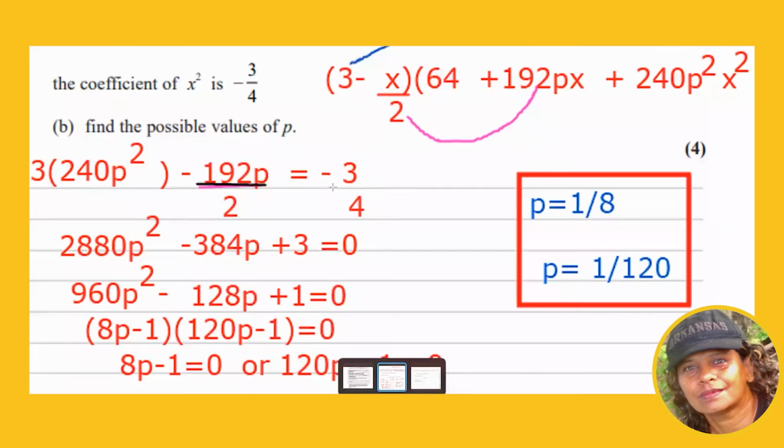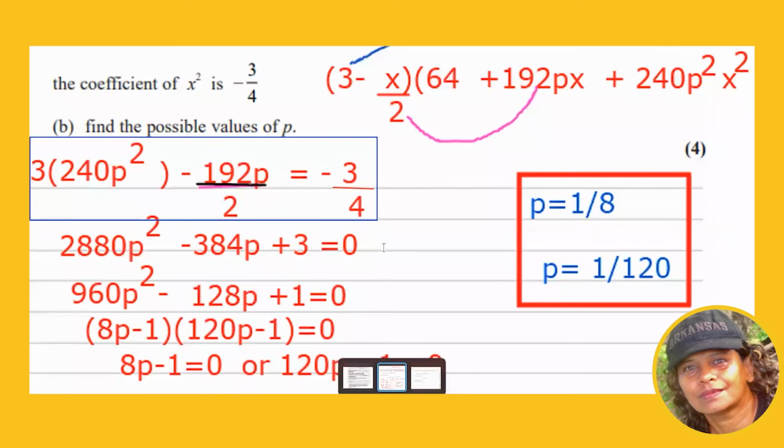This is 3 over 4, so I'm going to write this 3 over 4. I'm going to multiply this entire equation by 4 so that I can get rid of anything in the denominator. So I end up with 2,880p squared. Here I have minus 384p, and then I bring the minus 3 to the left-hand side, and I get plus 3.